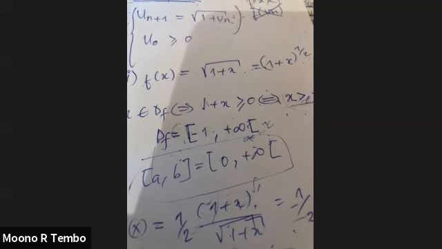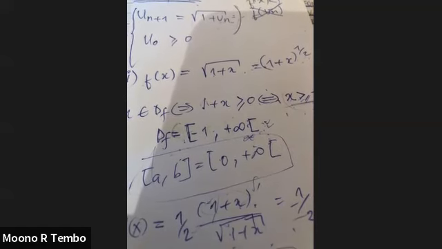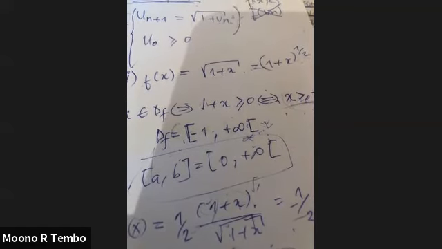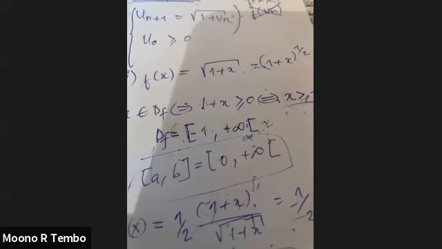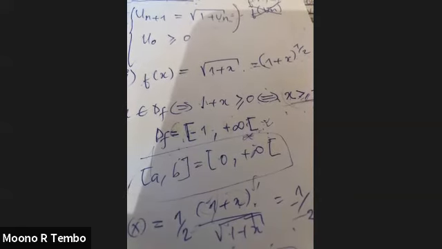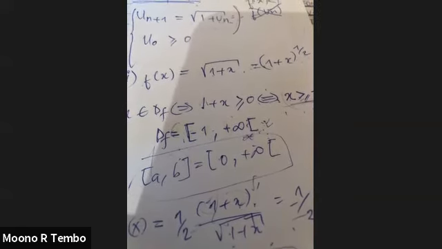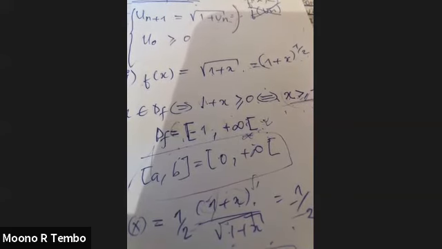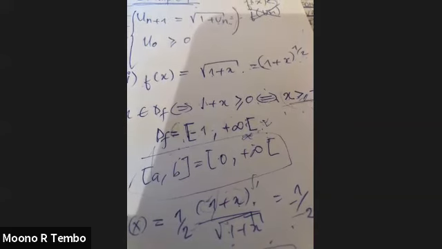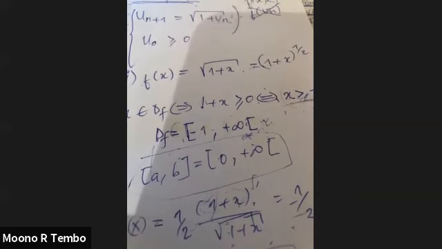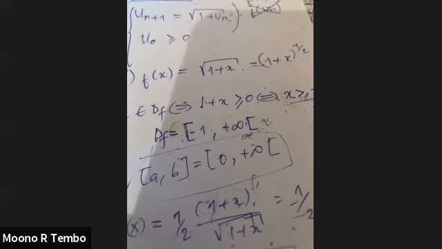At times, the question won't be the square root of something. They can just give you 3un plus 4un, and then you solve that. In this case it was square rooted, so you get what's inside the square root, which is 1 plus x. Find the domain of 1 plus x, meaning the value of x.